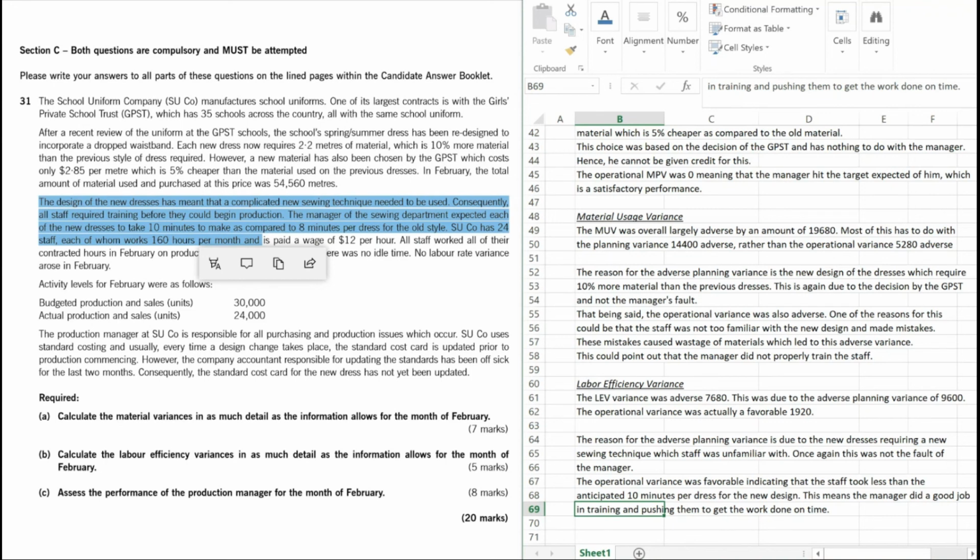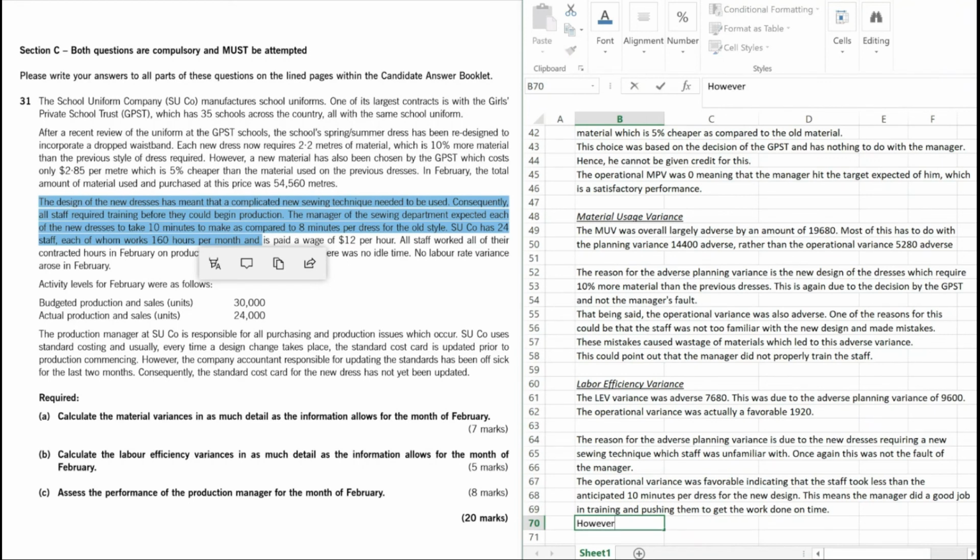The manager made them do the work faster than expected. But when you do the work fast, what happens? You also make more mistakes, which was pointed out previously, okay? So maybe they were able to do the work faster, but because of the speed at which they were doing the work, they made more mistakes, which resulted in more material wastage. So we can link those points together.